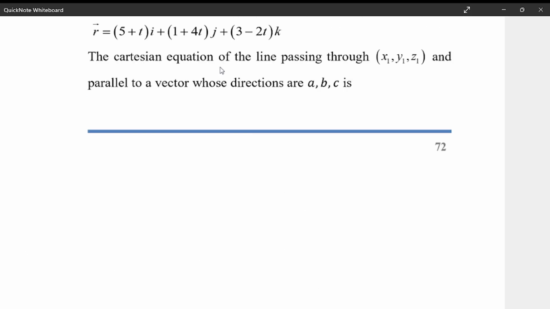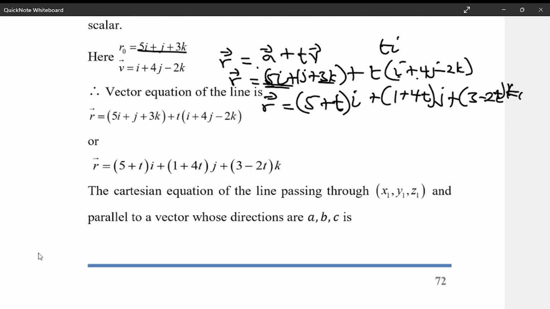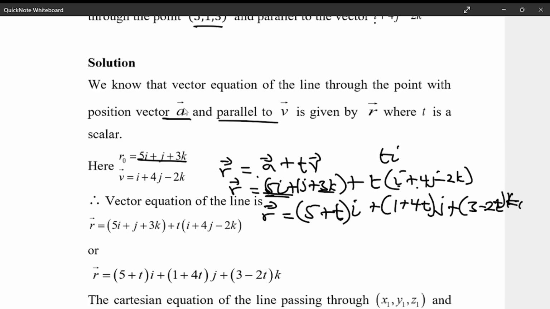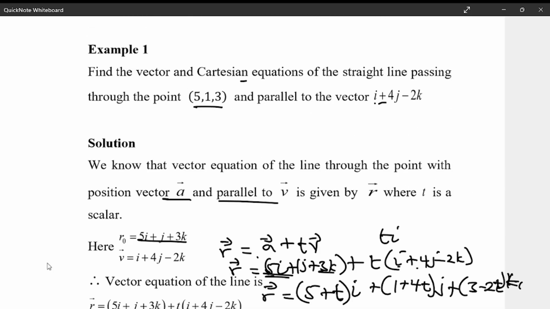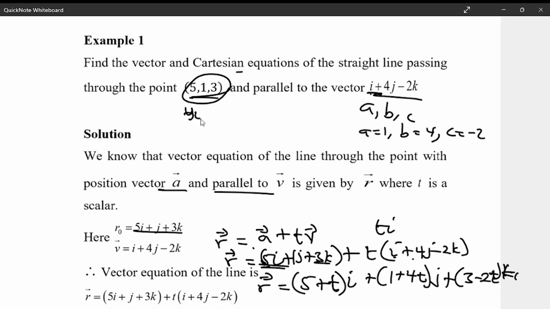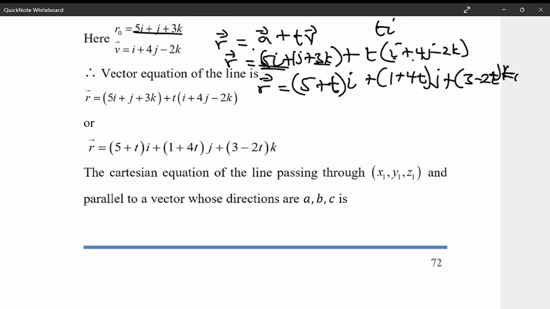So the (5, 1, 3) comes from the vector equation R that was given in the question, and a is 1, b is 4, and c is -2. Then x1, y1 and z1 are these values.